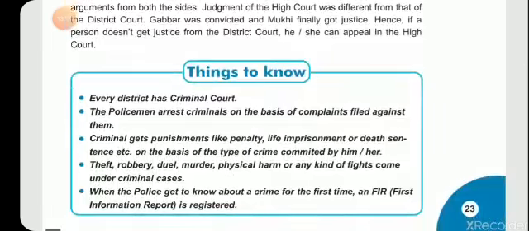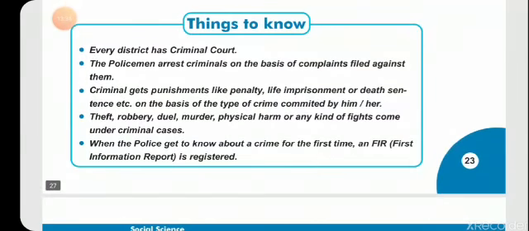Now, things to know. Every district has a criminal court. The policemen arrest criminals on the basis of the complaints filed against them. Then the criminal gets punishment like a penalty, life imprisonment or death sentence on the basis of the type of crime committed by him or her.